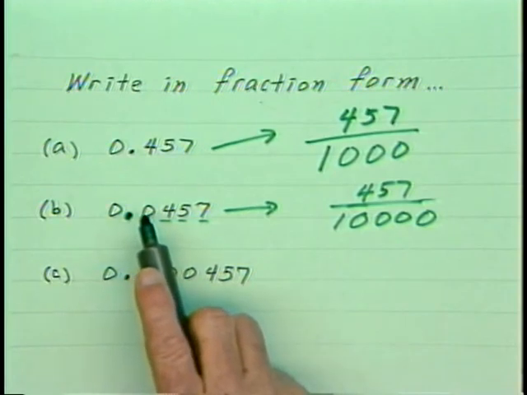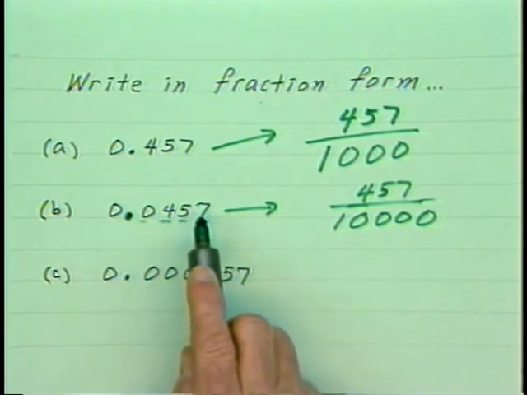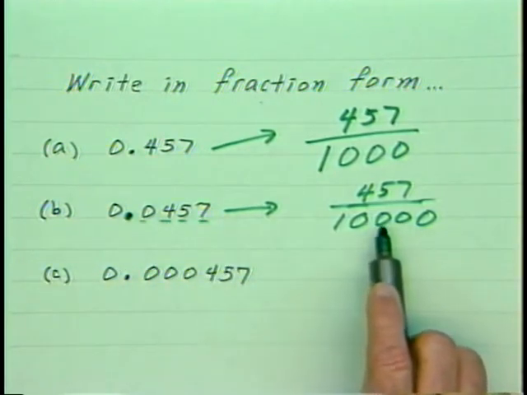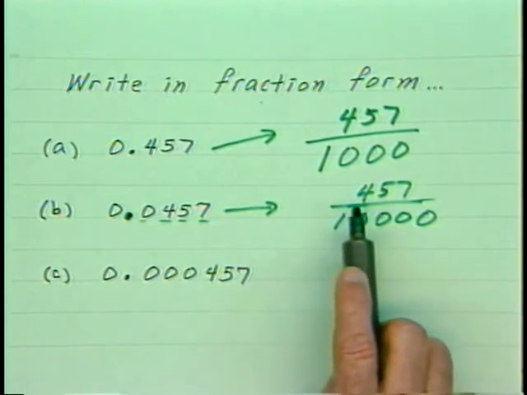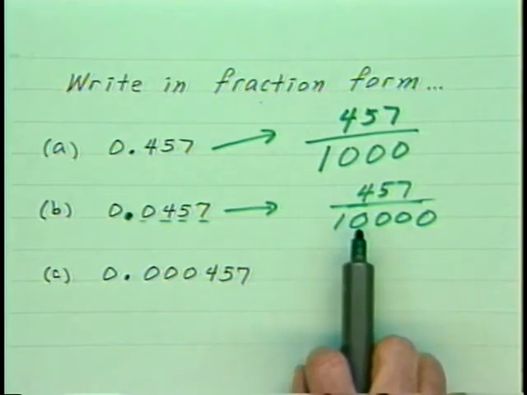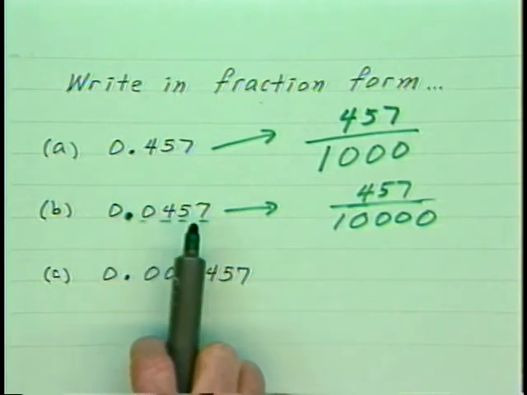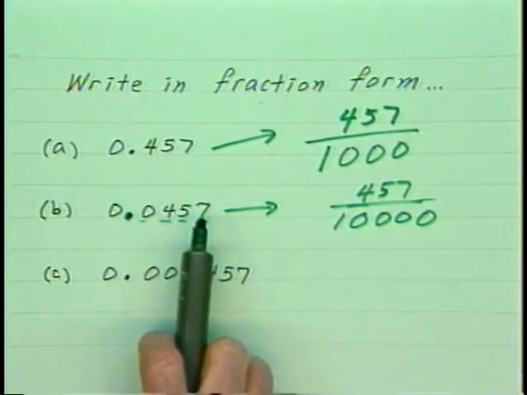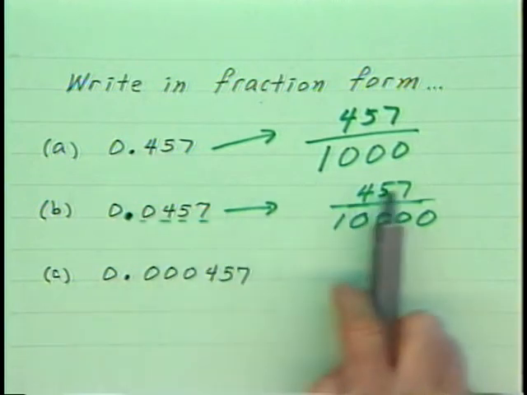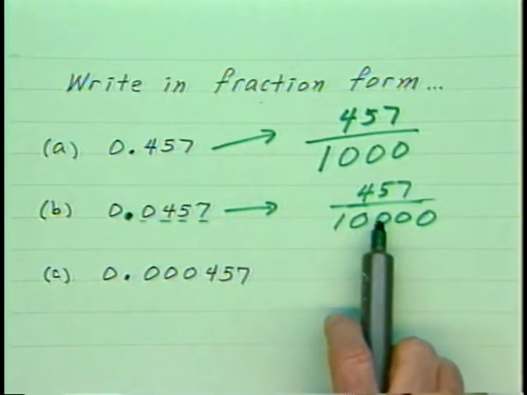So there are 4 decimal places, hence 4 zeros following the 1 in the denominator. Or saying it verbally, this is a 10th place, 100th, 1,000th, 10,000th, so we have 457 10,000ths.